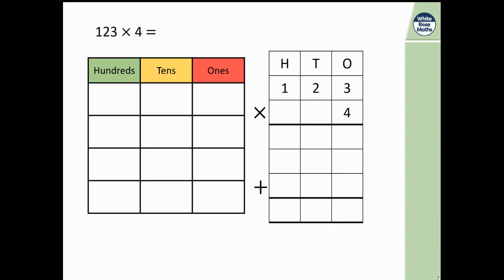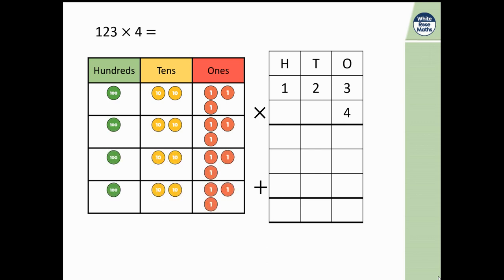Right, let's have a look at this question here. Now we're going to have a look at using the written method next alongside our place value charts. So we're going to put in our 123, and you can see I've got 123 4 times. So I'm going to change my 10 ones.